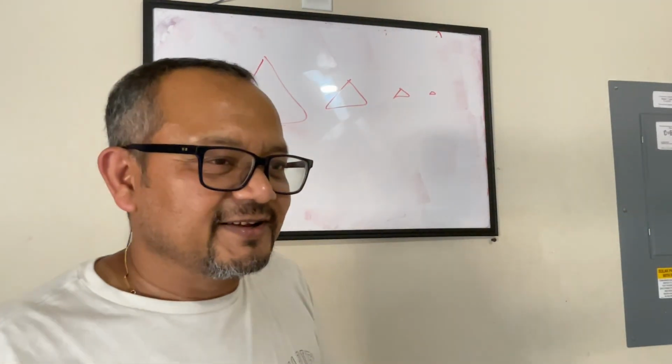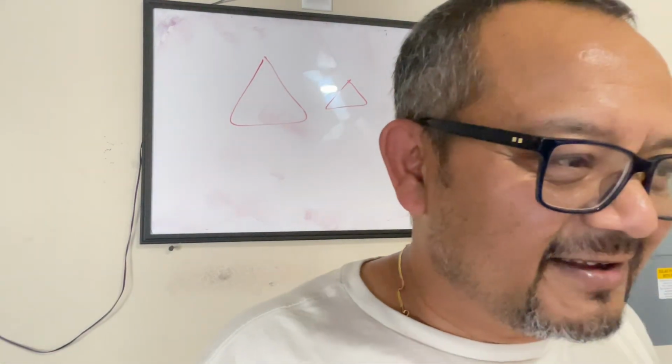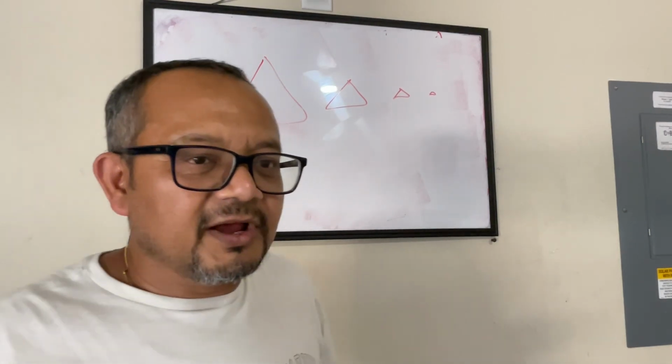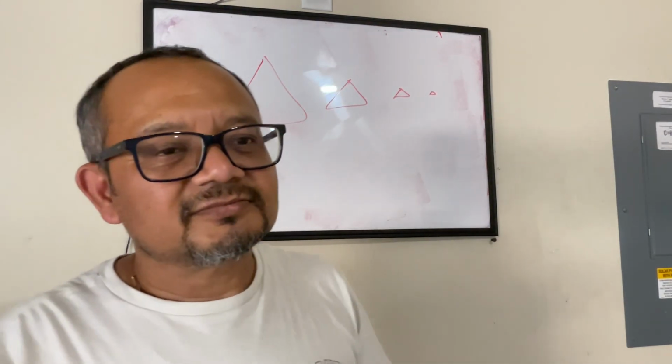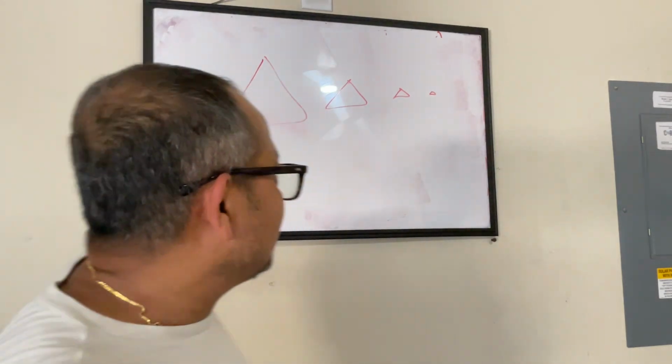Jaganya, you tell me, what do you see here? It's a triangle. These are triangles. There are many triangles that you see on the board, right? Okay, Aditi, what do you see? Large triangle, okay. A medium triangle and a very small triangle. Very nice. So at least you were able to see it properly.